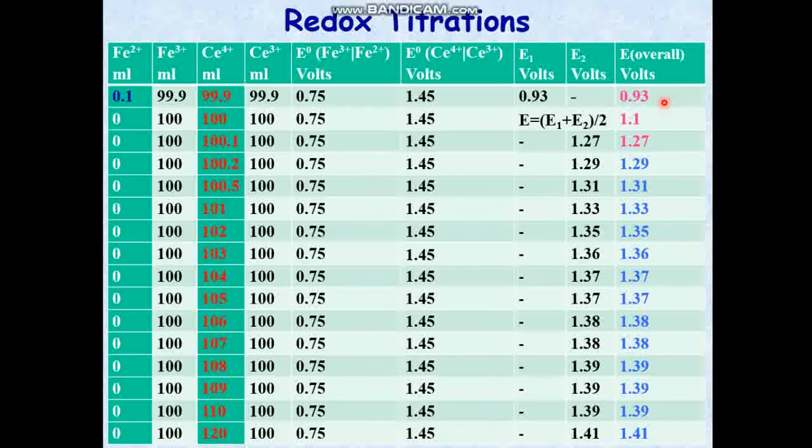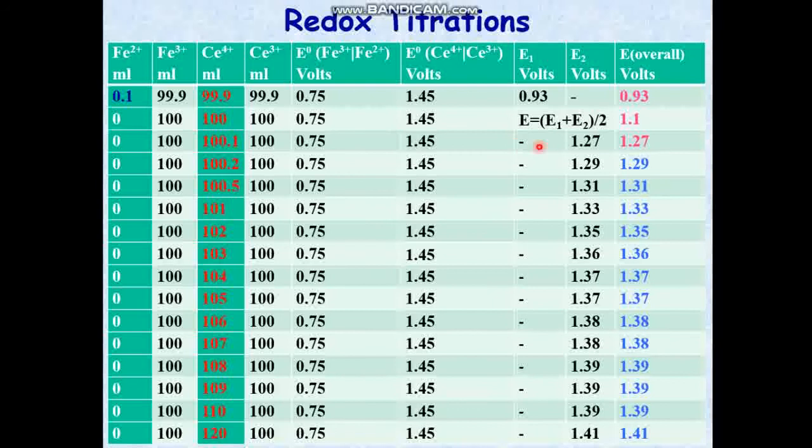Now, if you add a total of 100 ml of cerium 4 plus solution, the equivalence point is reached. At that point, the concentration of ferric ion and cerium 3 plus ion would be equal, and the concentration of Fe2 plus ion and cerium 4 plus ion would be equal, and the corresponding overall E0 value would be calculated as E1 plus E2 by 2 using this equation.